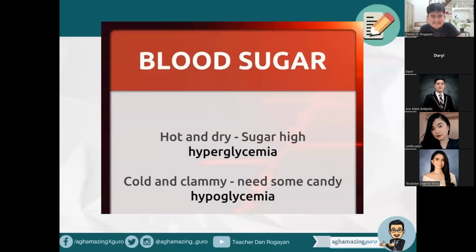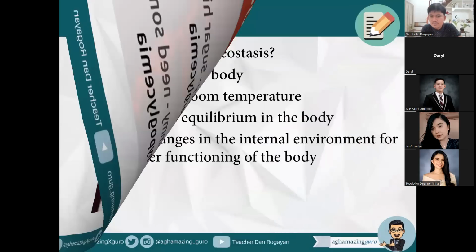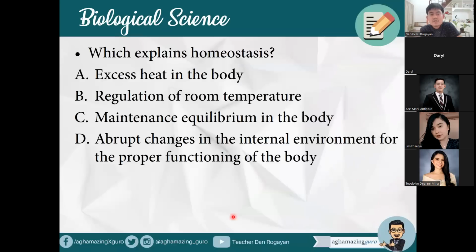Sige. Next. Yan. So we also have blood sugar level, hot and dry, sugar high, hyperglycemia, then cold and clammy, need some candy. Hypoglycemia. Hyperglycemia and then hypoglycemia. Okay, so that's something to do with your blood sugar level. So now which explains homeostasis? A, excess heat in the body. B, regulation of room temperature. C, maintenance of equilibrium in the body.